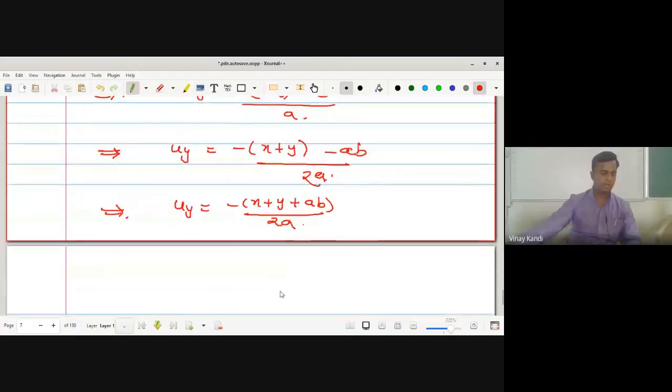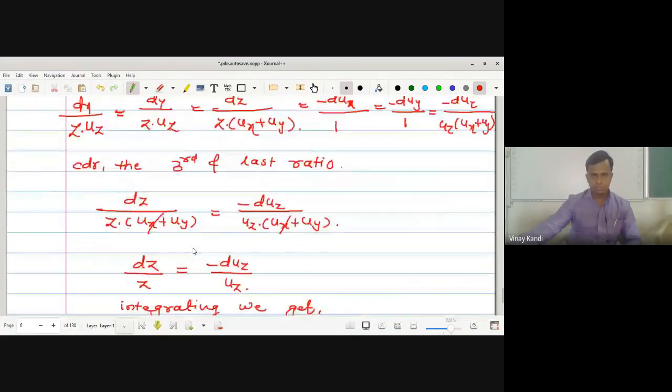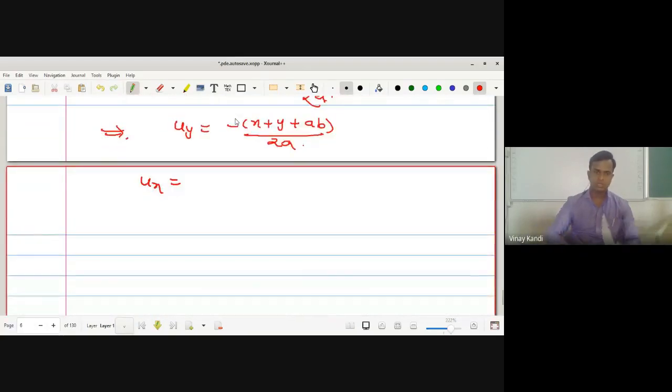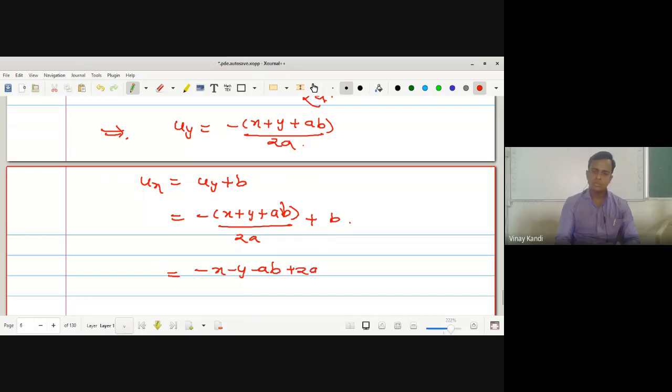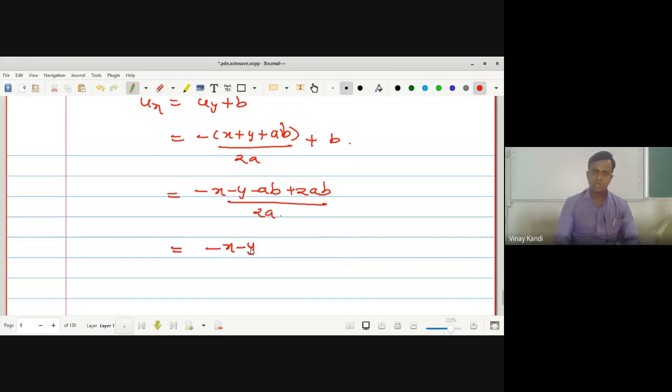Okay, now what is the value of ux? ux is equal to, now look here, ux is equal to uy plus b, hence uy plus b, which is equal to, this is the uy, minus x minus y plus ab upon 2a plus b, which is equal to minus x minus y minus ab plus 2ab upon 2a, which is equal to minus x minus y plus ab upon 2a, which is equal to minus in common x plus y minus ab upon 2a.